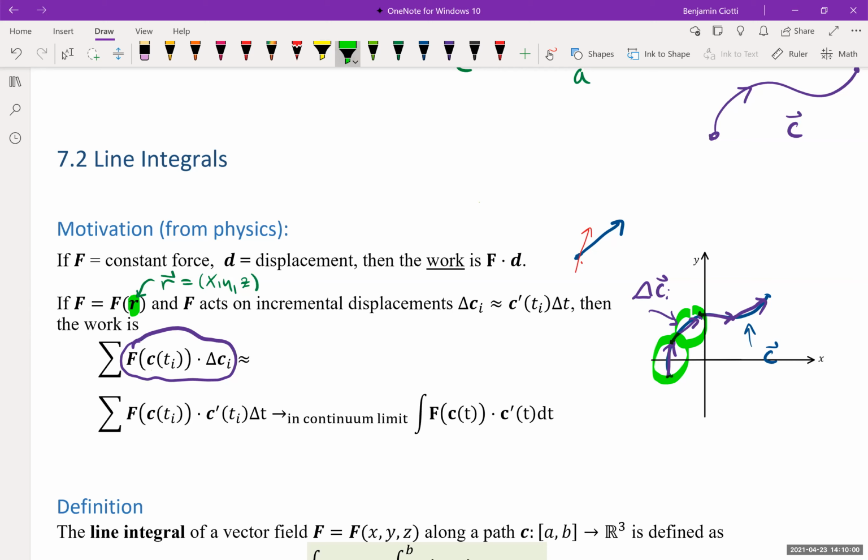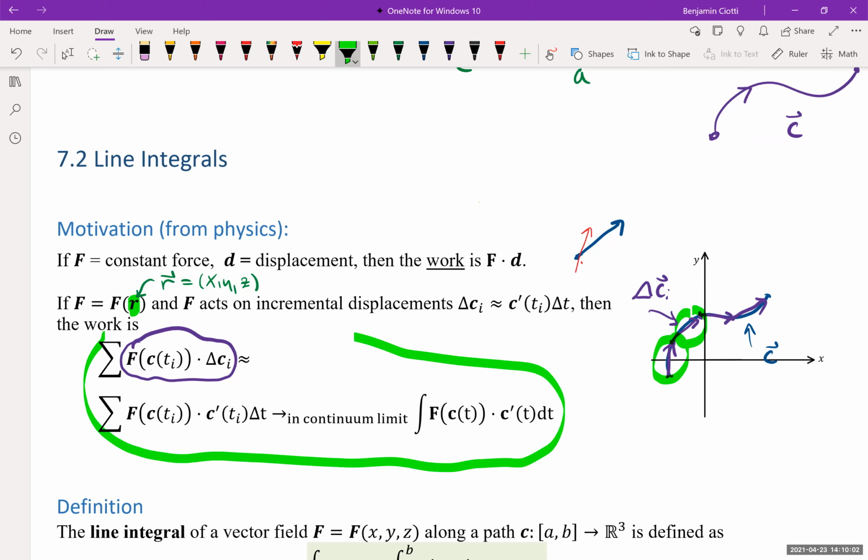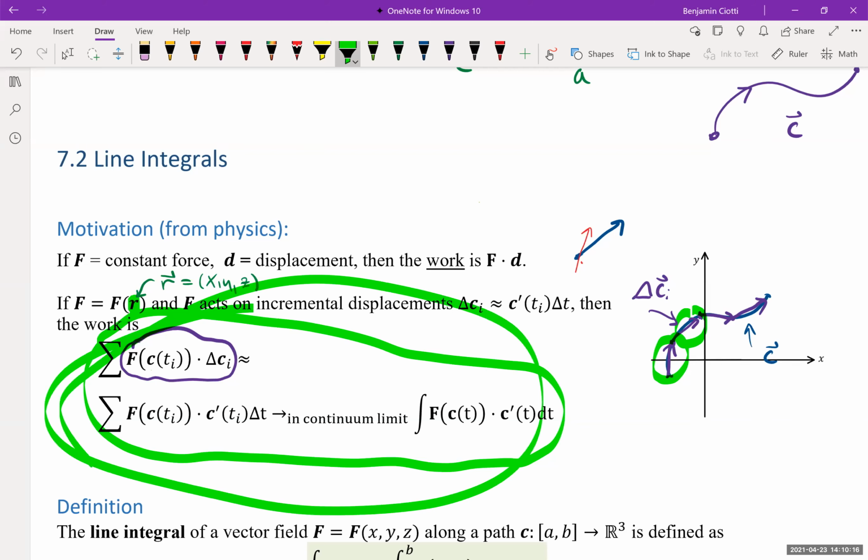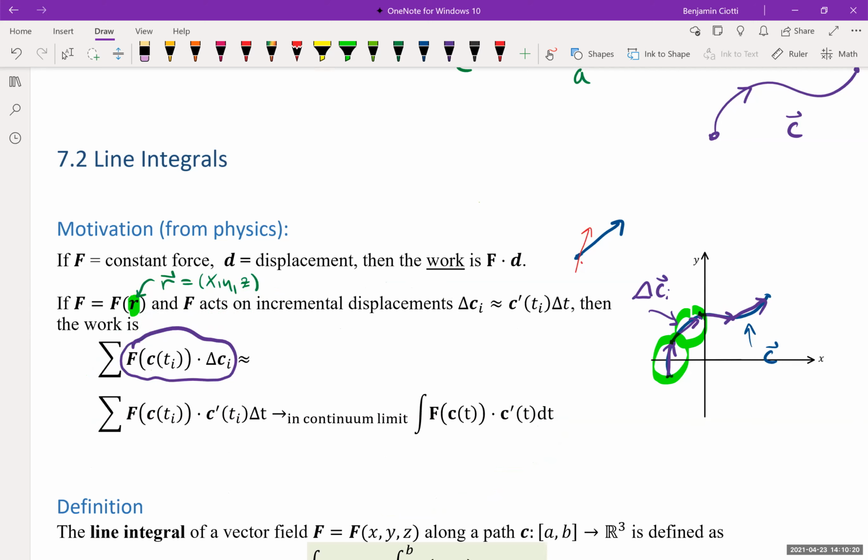Now, you see all these formulas on the screen right here. Don't worry about them. This is all just to give you an idea of roughly where the formula that I'm going to introduce in a minute comes from. I don't want to spend too much time on this, so don't get caught up trying to understand what it all means.